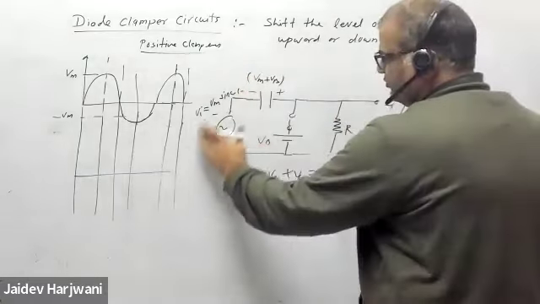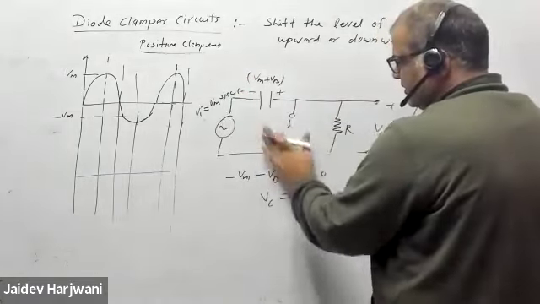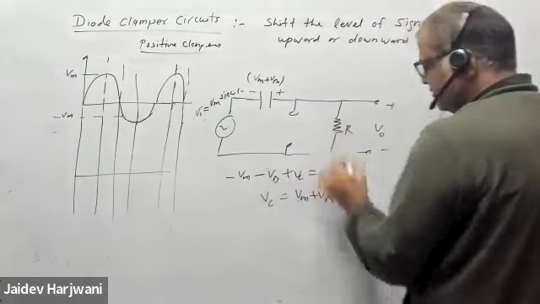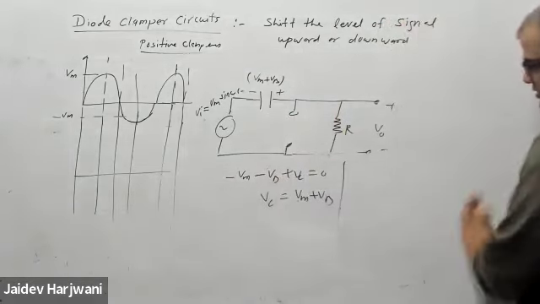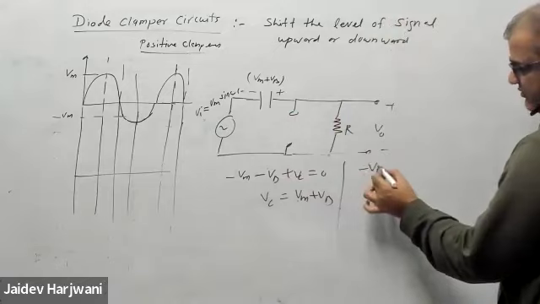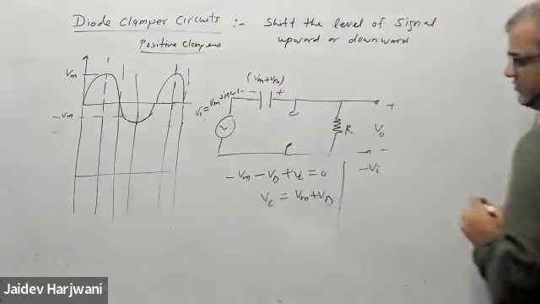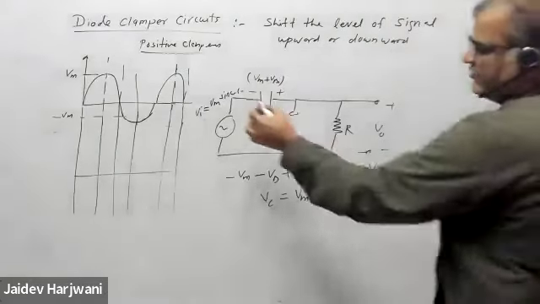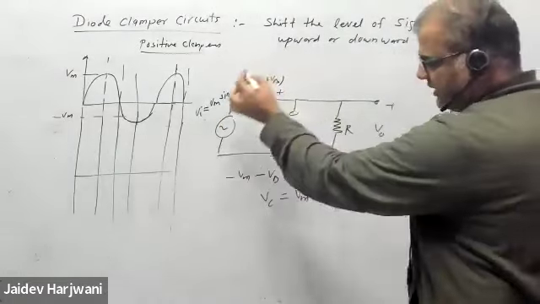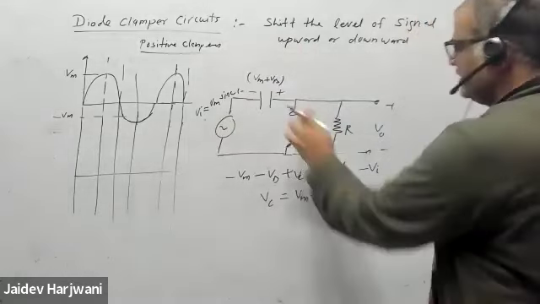Okay, now it is charged up to VM plus VB. Now forget all this, it becomes out of the circuit, and now you write one more equation here. You can choose like this: minus VI. Because while you see how it charges, you have to see whether you are taking the negative cycle or positive cycle. That time you have to decide what VC will come.